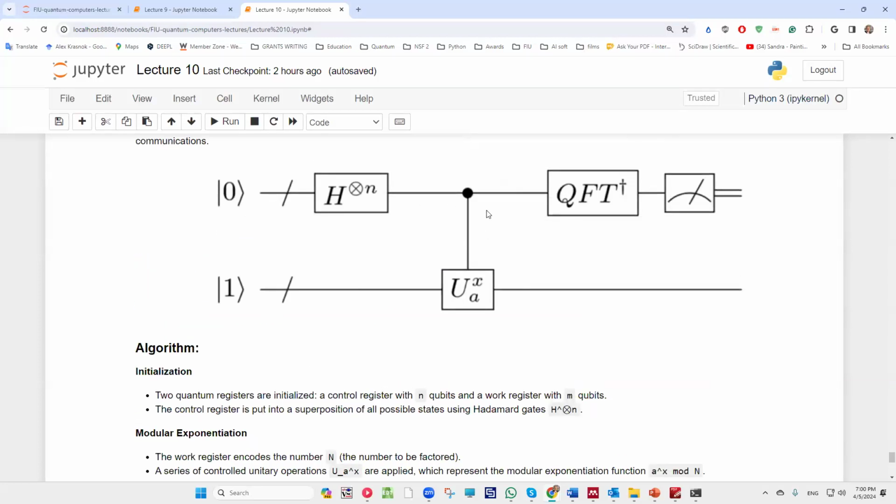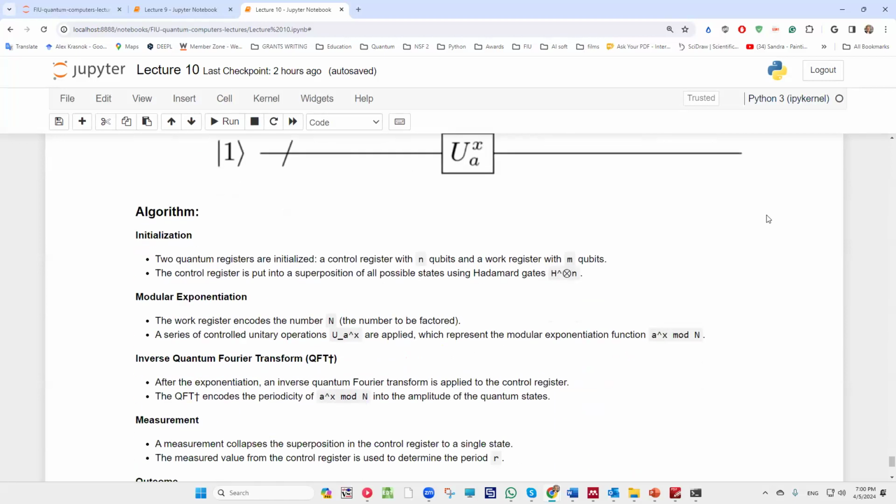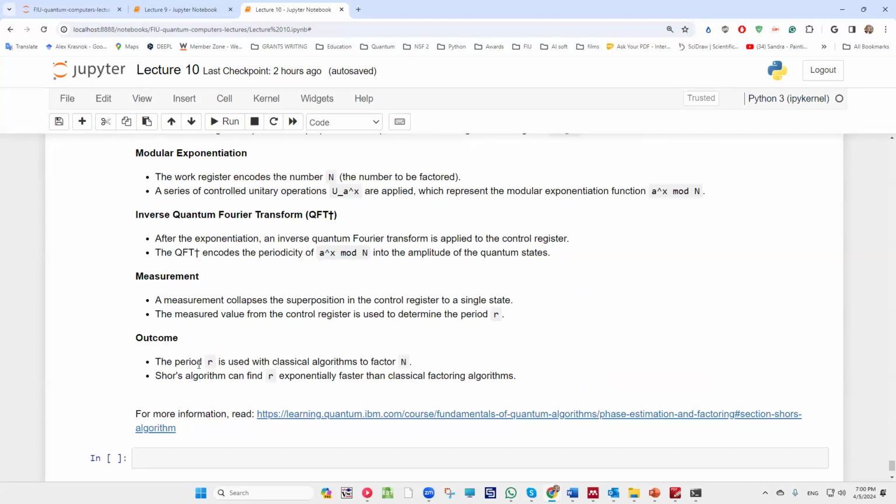Then we do the quantum Fourier transform on the first group of qubits, and then measure all of them. This way we can find the period. Here the period is called R. Find the period, and then we apply the classical algorithm to figure out the prime numbers.